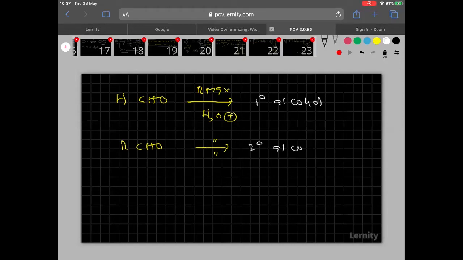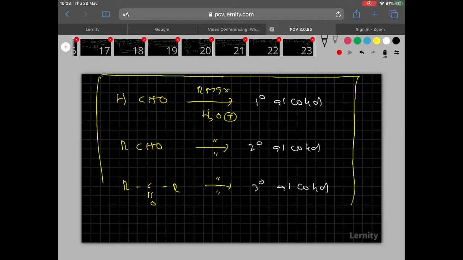Secondary alcohol. Now, you take any ketone, Grignard's followed by acidic hydrolysis, what is the product obtained? Tertiary alcohol. This is the summary of these reactions. Remaining chemical properties we are going to see in tomorrow's class.